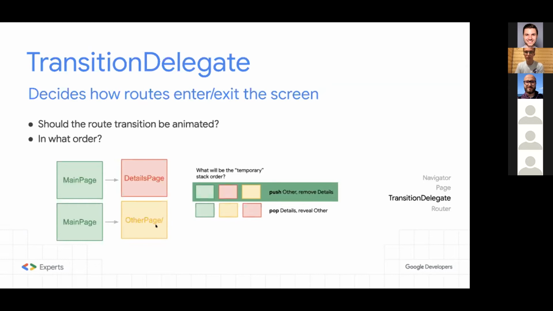As you remember, at the beginning I said that the navigator will always push the topmost page in the pages list. We will create a new route and push this page on top. Of course, if you just change the list and the details page remains the same, then nothing will happen. But if the key is different, then this new page will be pushed, and after the animation is done, the old one will be silently removed.